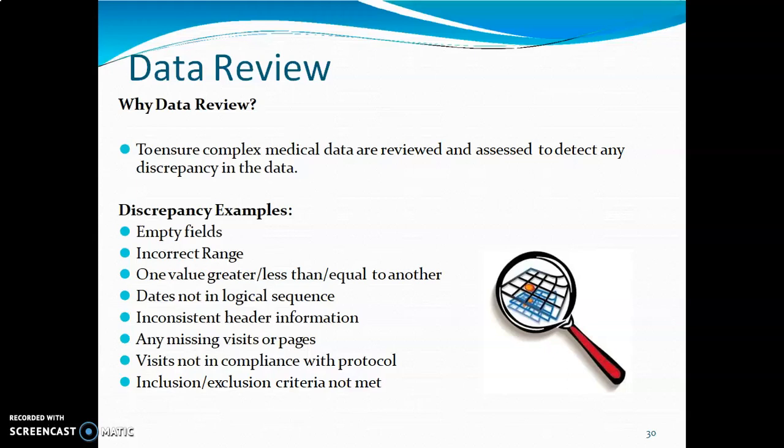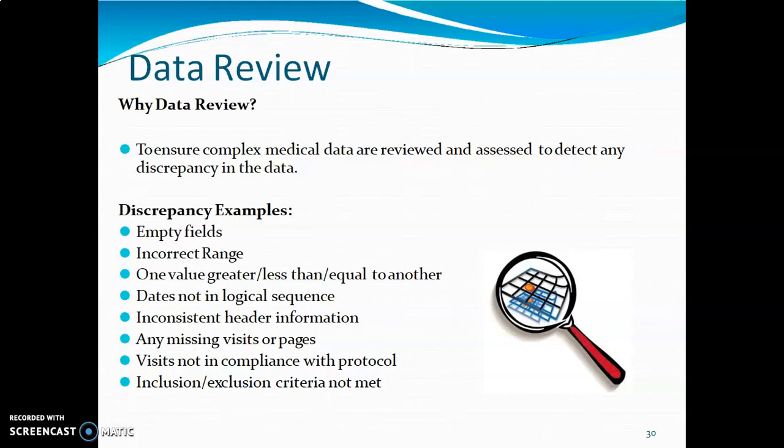Suppose instead of writing systolic pressure in the range, they write 200 or 500, some extra digit, out of range, that's an incorrect range. So they will ask to cross verify once again. This will come under the discrepancy examples. So one value greater than or less than or equal to the other. In such a condition also, it may be dates not in logical sequence, because some format will be there.